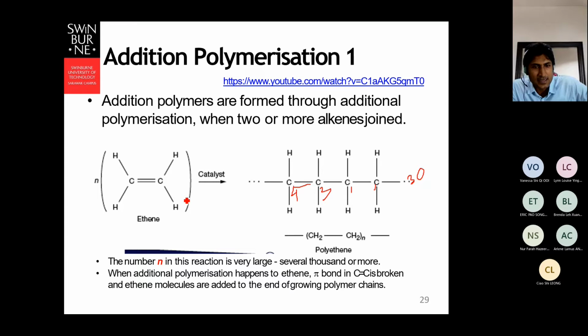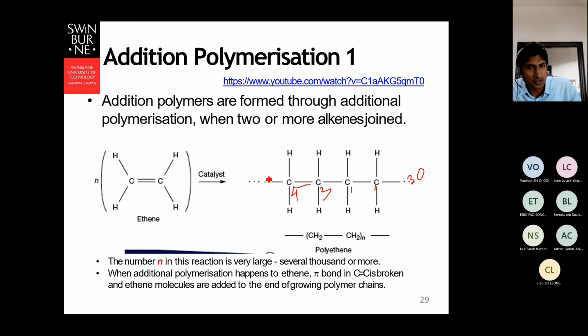polyethene. So polyethene becomes polyethane when we add hydrogen and some catalyst. And this is the same material that we use for our plastic bag. Polyethane is the plastic bag that you use, the shopping bag, right? So that is the simple example of polyethene.